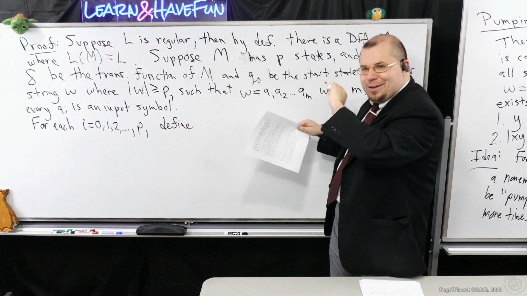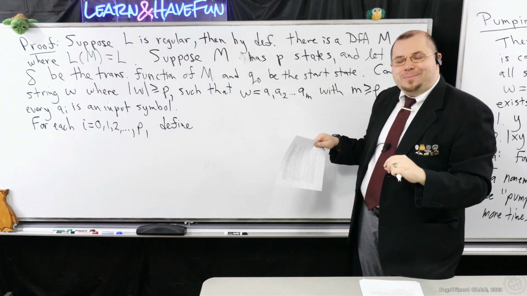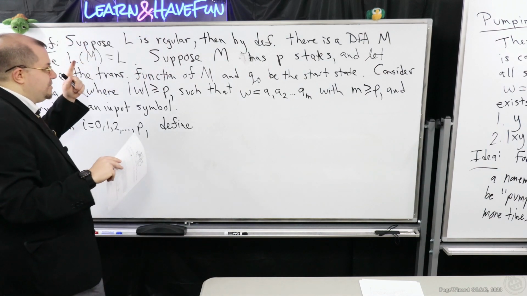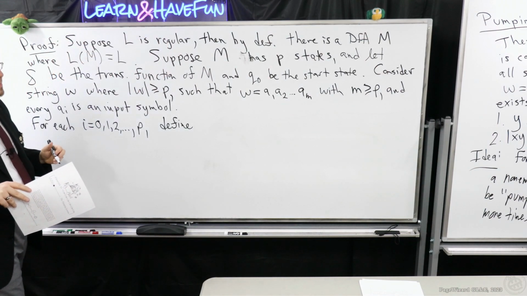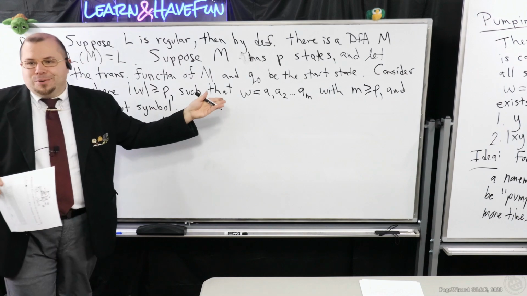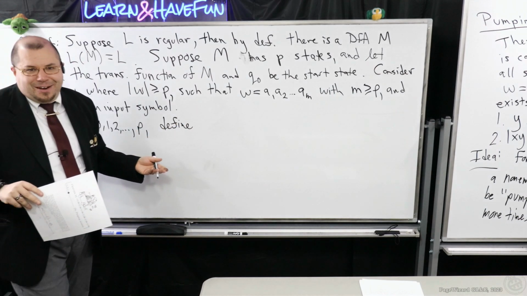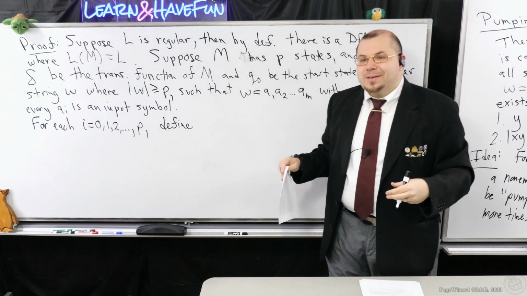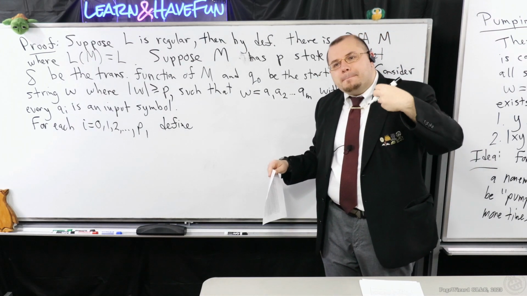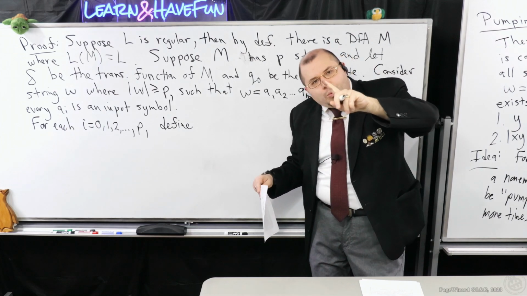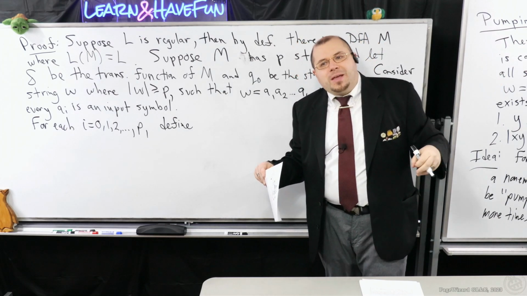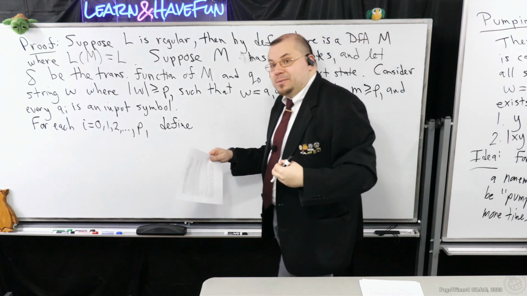I'm going to put tape on those and give them names as per the execution of the DFA with respect to W. Because remember, I can always label them per W each time. I can consider any string like this and just label them. The natural thing is to think about it as a walk or path of the execution of the DFA, and those labels are how it's going to play out.